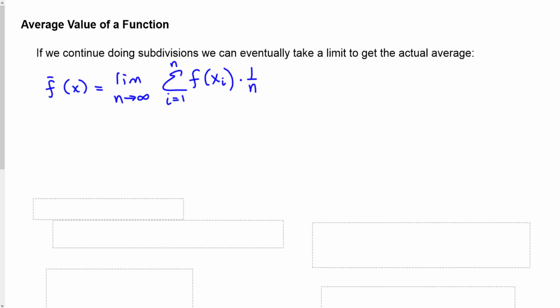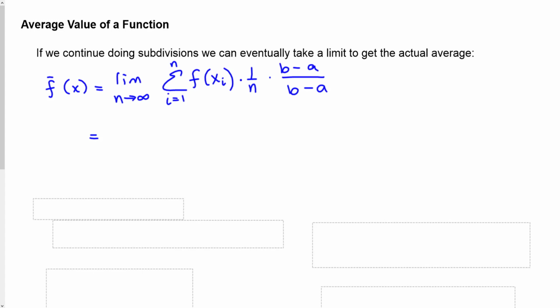Now that right there, what I can do is change it a little bit, multiplying top and bottom by b minus a. Here's the reason I'm going to do that. The reason is because this then becomes 1 over b minus a.